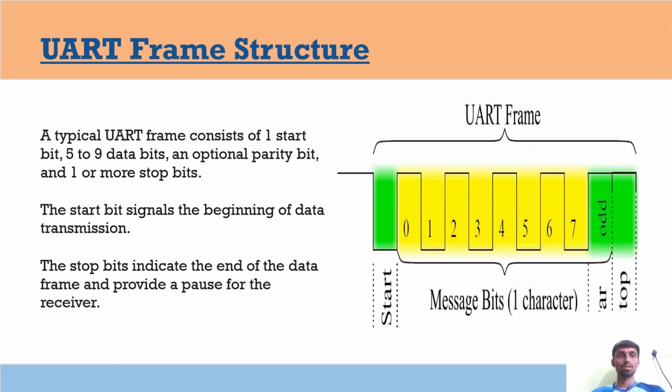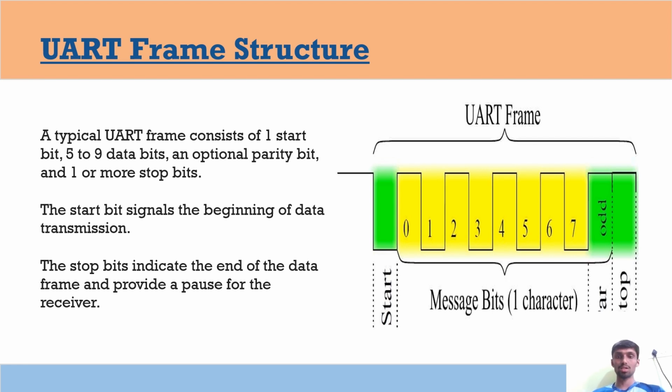And the UART frame structure: typically a UART frame consists of one start bit, 5 to 9 data bits, optional parity bits, and one or more stop bits. The start bit signals the beginning of data transmission, and the stop bit indicates the end of the data frame and provides a pause for the receiver.